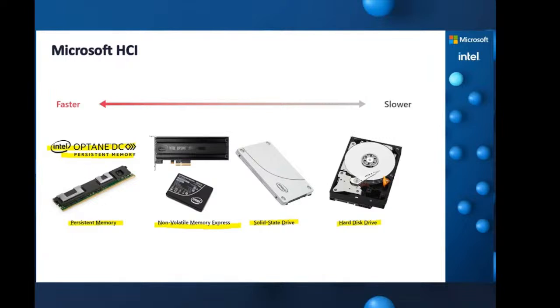When we talk about virtualization, we have a lot of random access, then an SSD can be up to 400 times faster than a hard disk drive. An NVMe can be up to 10 times faster than an SSD, or up to 4,000 times faster than a hard disk drive.